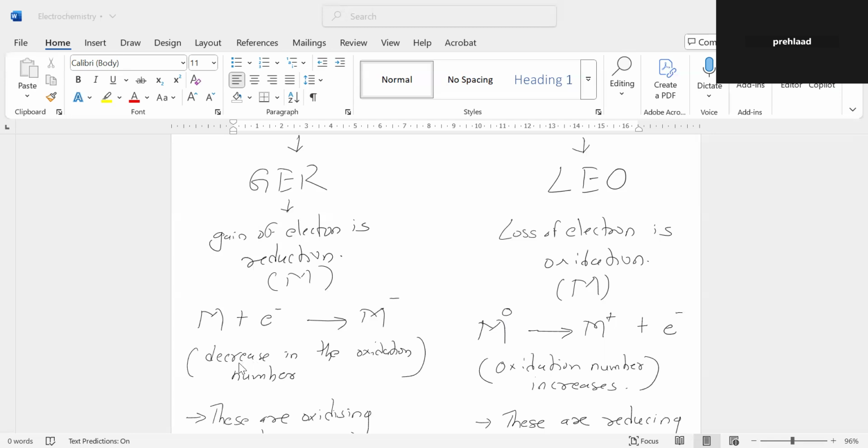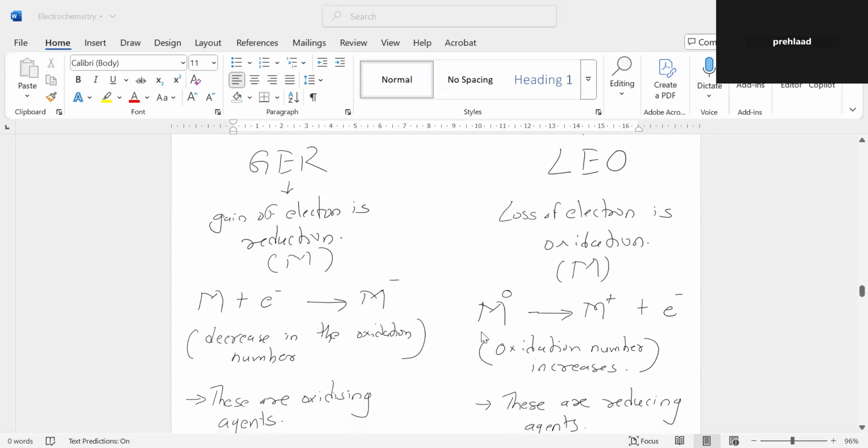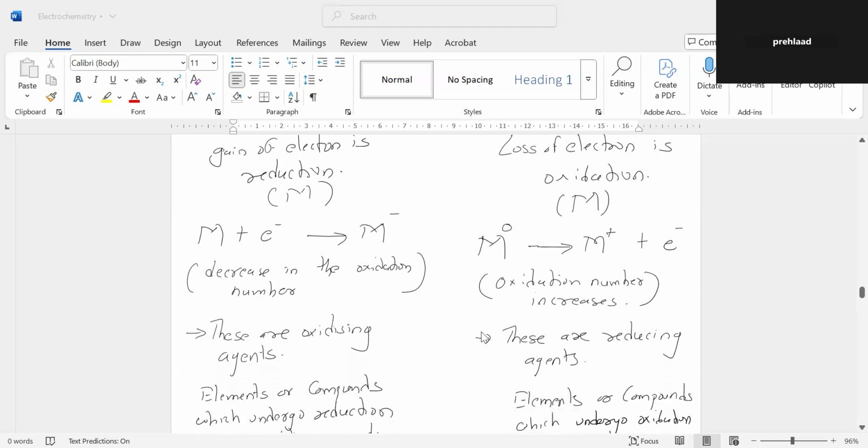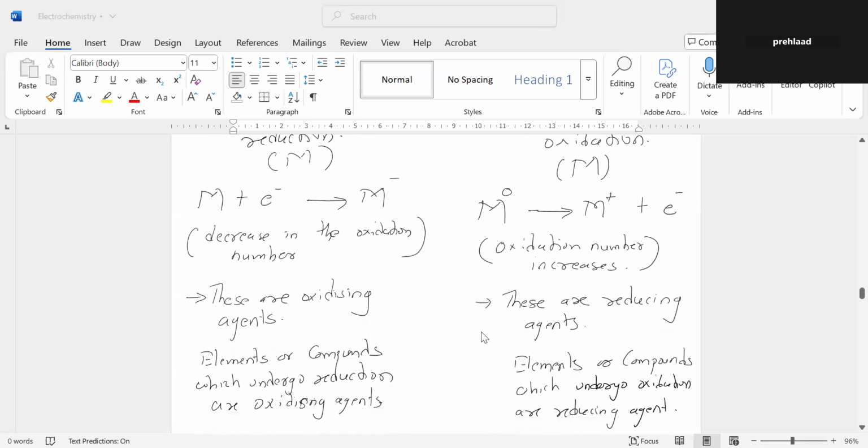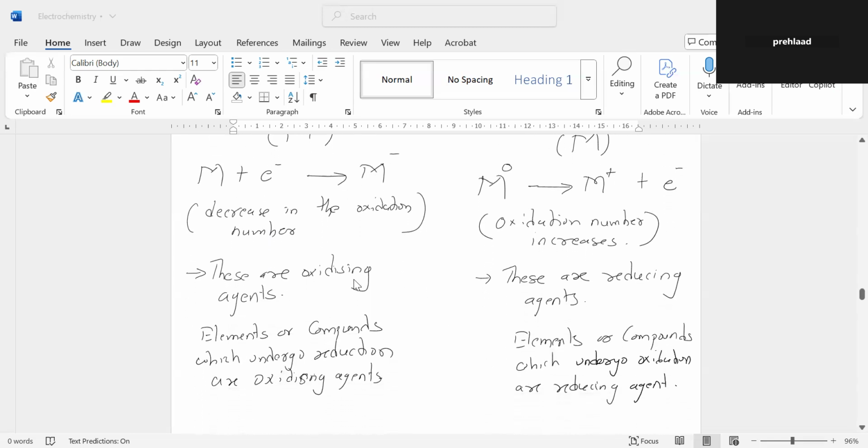So by reduction, you mean that there is a decrease in the oxidation number, and in case of oxidation, it means the oxidation number is increased.